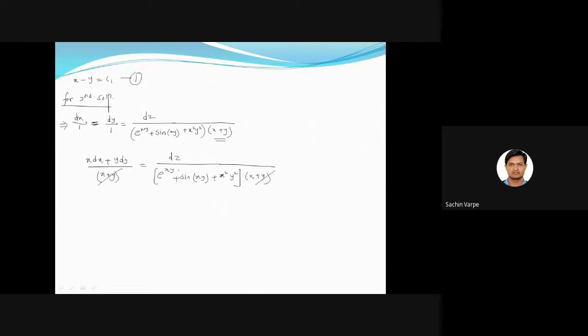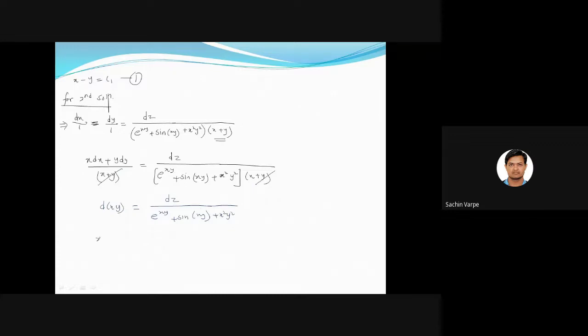And now, if we look at this numerator, that is nothing but the derivative of xy, right? d of xy by using the product rule is equal to dz upon e to the power xy plus sine of xy plus x square y square.